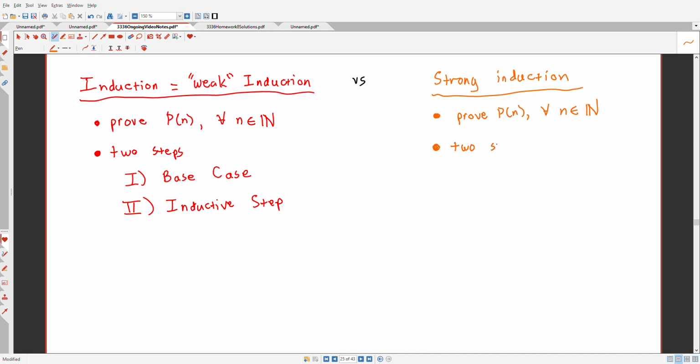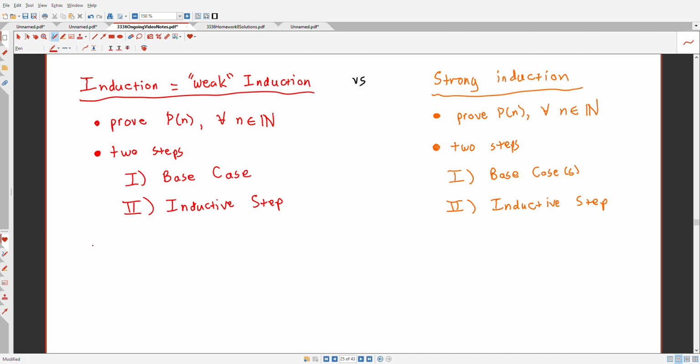There's two steps. There might be a little bit of a difference here in the base case. Sometimes you'll have multiple base cases, and you also have an inductive step. And so in terms of the structure, they both have these two steps. They're identical. But the big difference is in this inductive step.